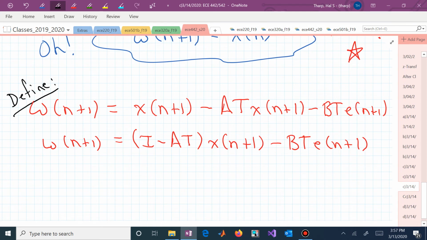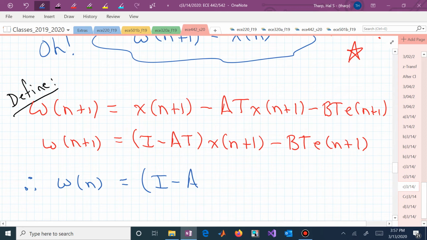Well, if that's the case, for the relationship between w, x, and e at n plus 1, do you see that it also needs to be the same at the present time n? Or we now have w of n is I minus A t x of n minus B t e of n.